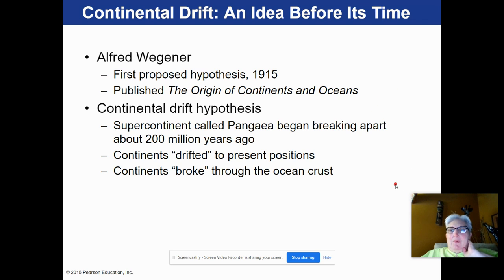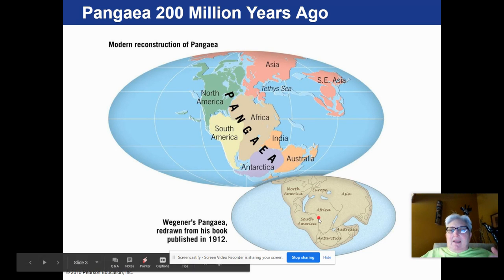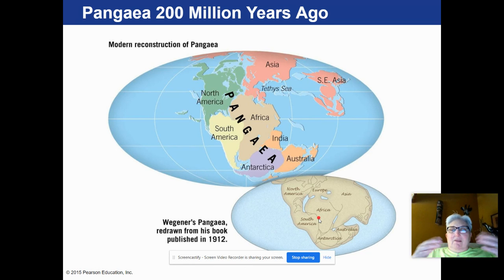So that's kind of what we're going to look at. This whole Pangea piece was about 200 million years ago, just for some reference there. So here's a nice look at Pangea, and you see that the continents kind of fit together like a puzzle. And this is what caught Wegener's eye.